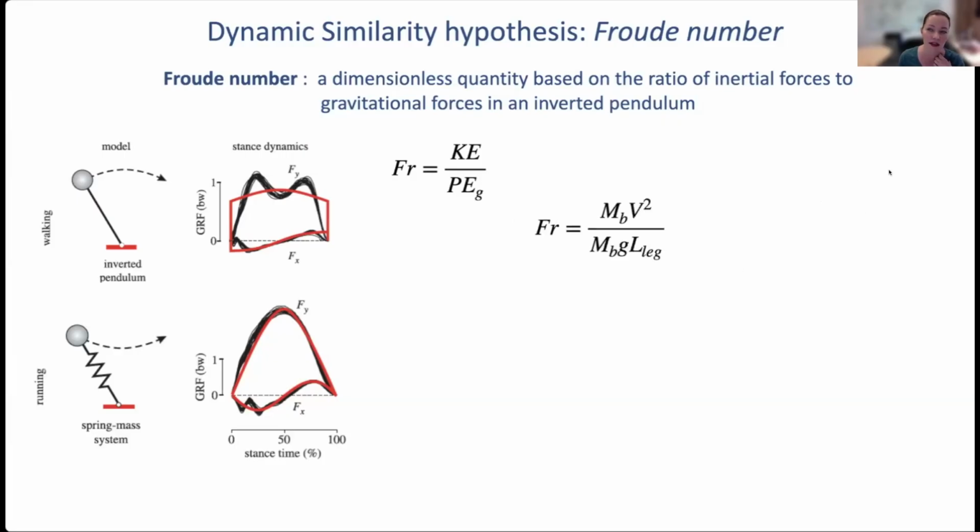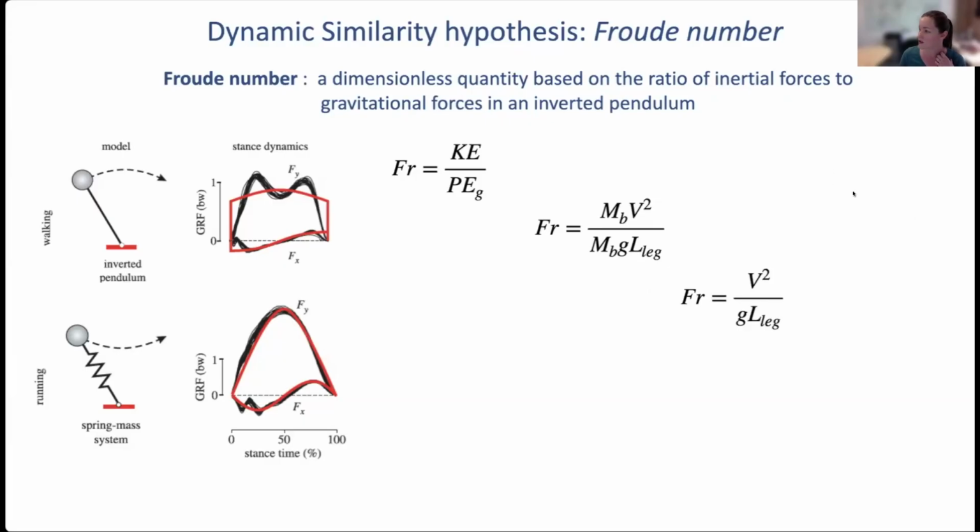If you calculate that out, the kinetic energy is body mass times v squared, mv squared. And the potential energy is going to be body mass times gravity times leg length. Body mass cancels, right, because it's on both sides. And so you have Froude number is v squared over g times leg length.